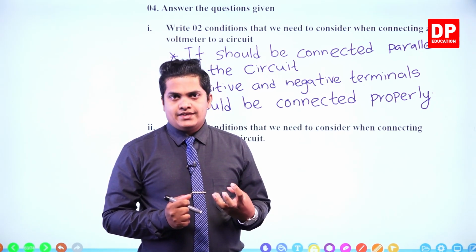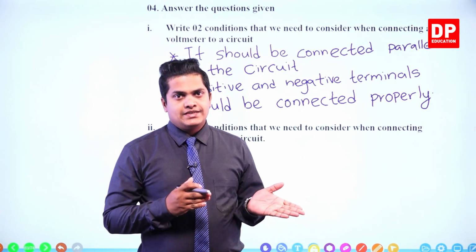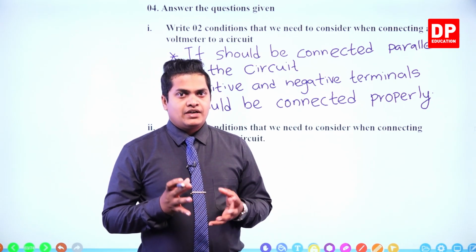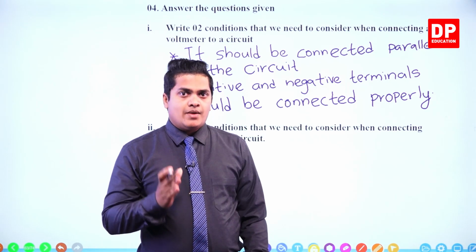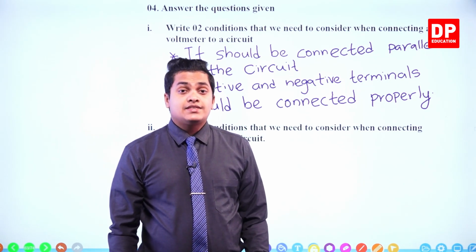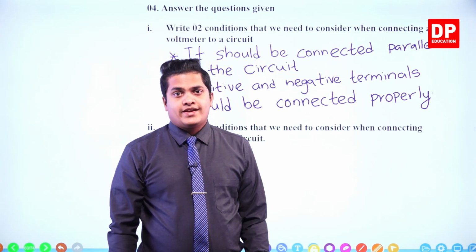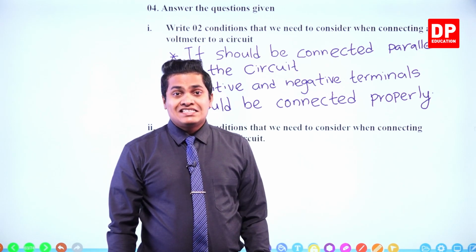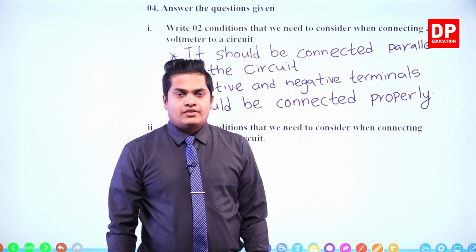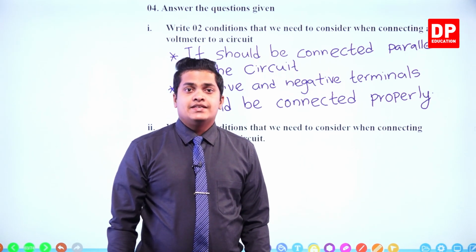But the specialty here is that a voltmeter is connected in parallel, whereas an ammeter should be connected in a series connection. So that's the first and foremost fact when connecting an ammeter to a circuit.